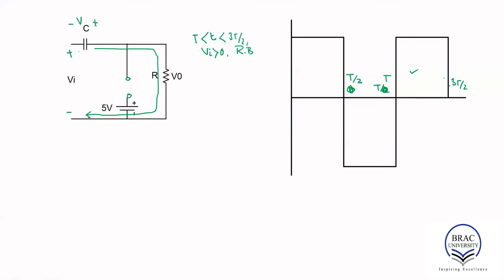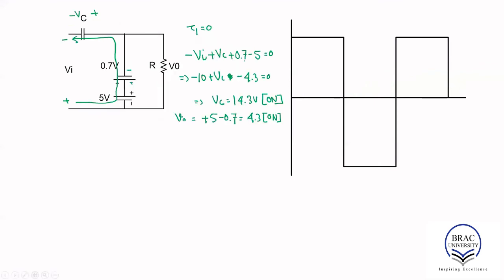Since the current was flowing in this direction when the diode is on, that's why the capacitor was charging. Right now, when the diode is off, the current direction has reversed, so the capacitor is not going to be charged. Instead, the capacitor will start to discharge. As you have already learned, we have selected the values of C and R such that it takes a longer time to discharge. Therefore, when the diode is off, Vc is equal to 14.3 volts, whatever value we have found.